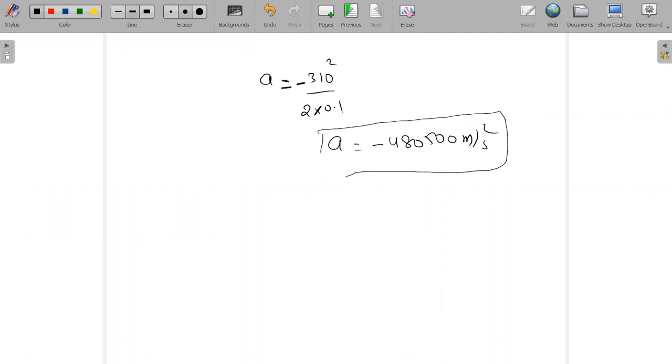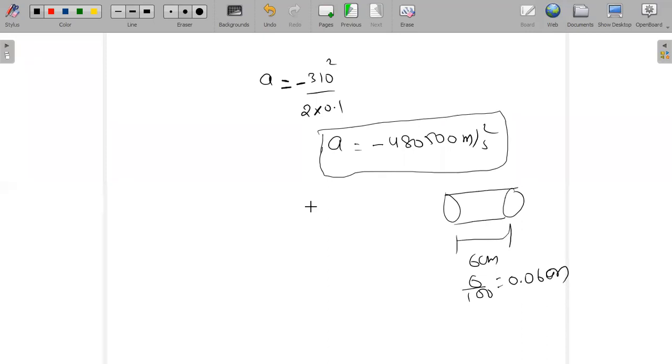Once you got the value of a, they are asking us to find the same case if the wood is of length only 6 centimeter. 6 centimeter means 6 divided by 100, this will become 0.06 meter. Now also the same formula.